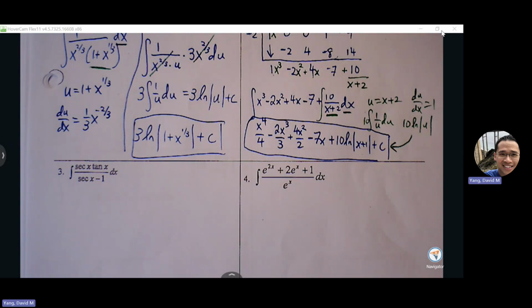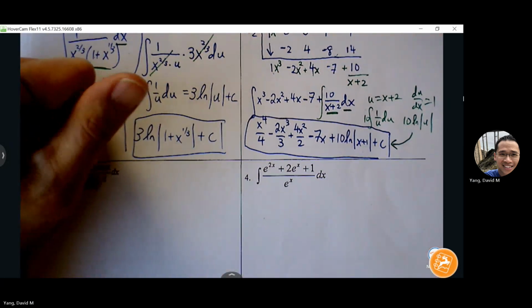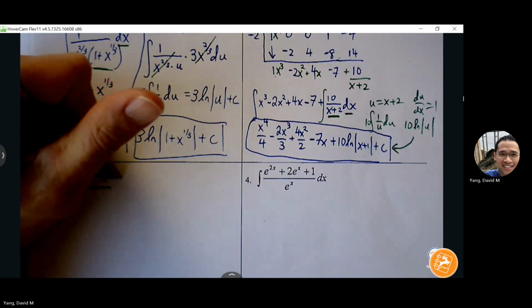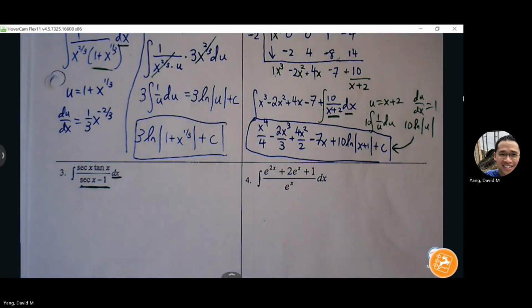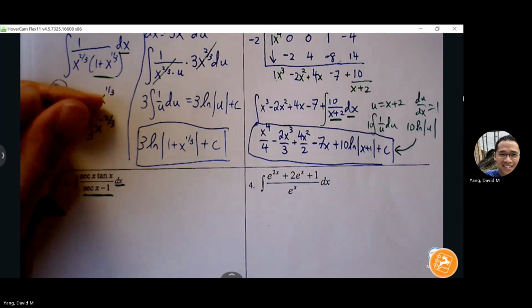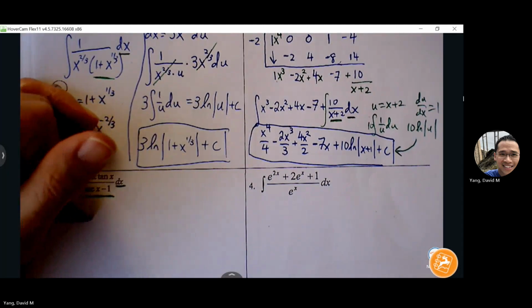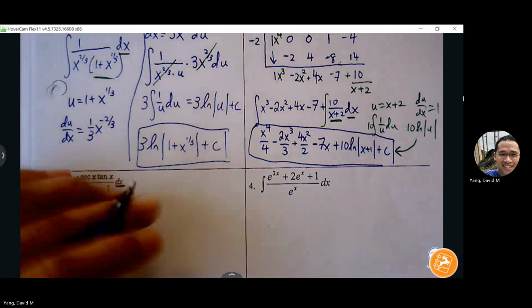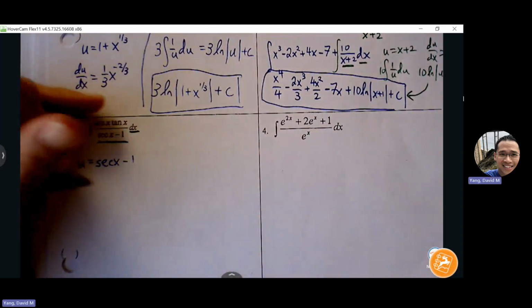And then for this third one, would your u value be secant x? More than that. So secant x minus 1. Yeah. What's the derivative?